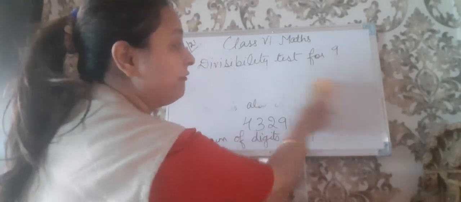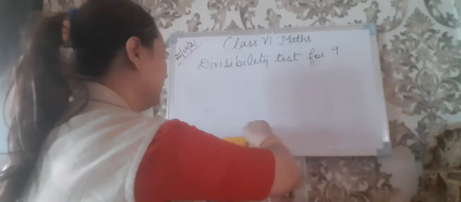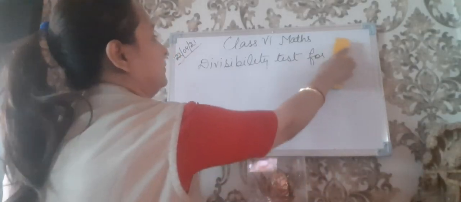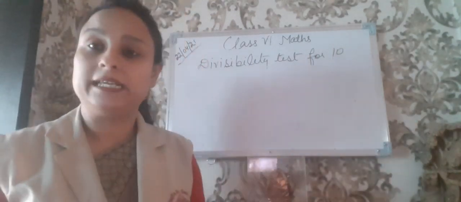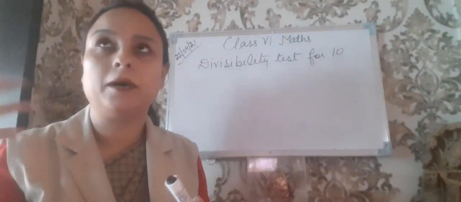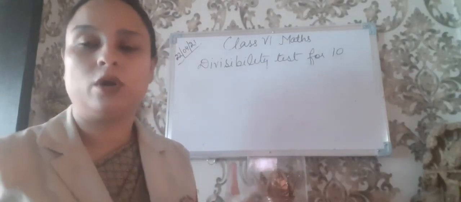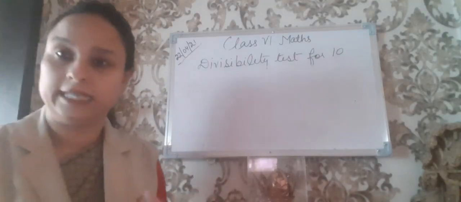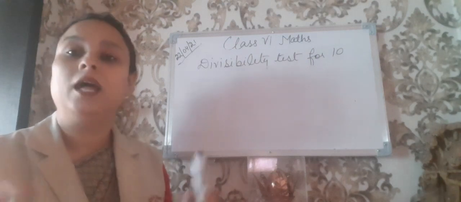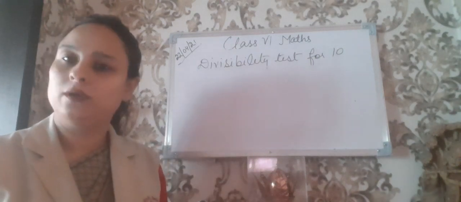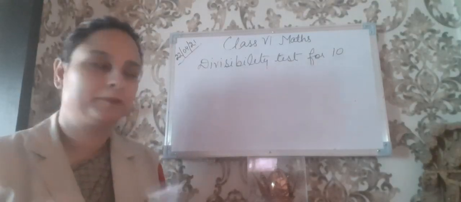Next again comes a very easy one. Divisibility test by 10. You can always pause the video and think about it yourself, whether I know the answer or not. Okay? It gives you more confidence if you find out the answer yourself. So the divisibility test for 10 is very simple. If the last digit is 0, that means it is divisible by 10. So simple, right?